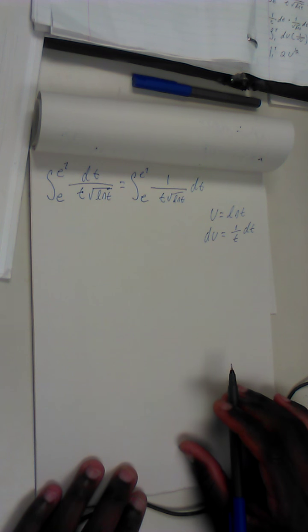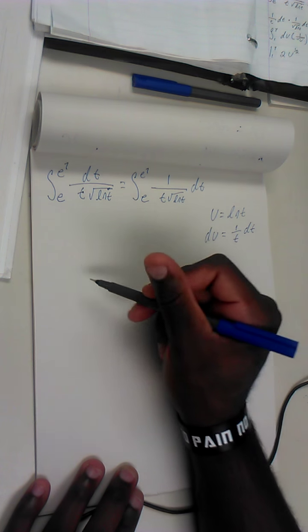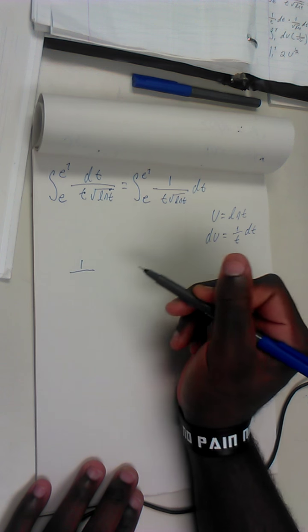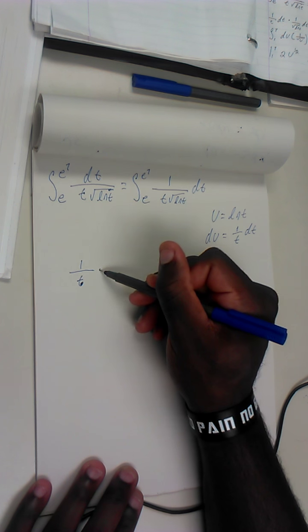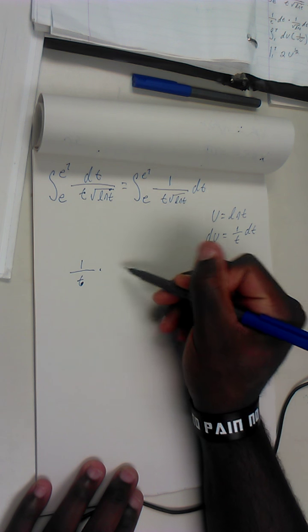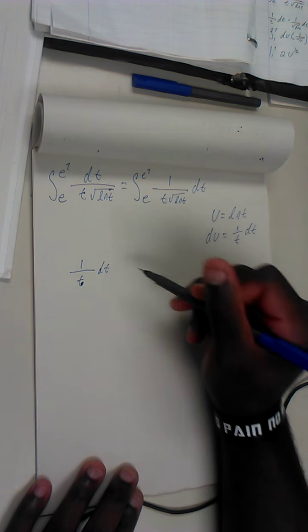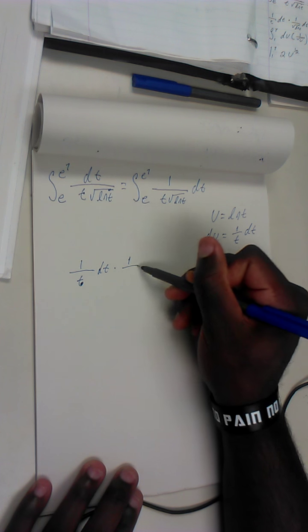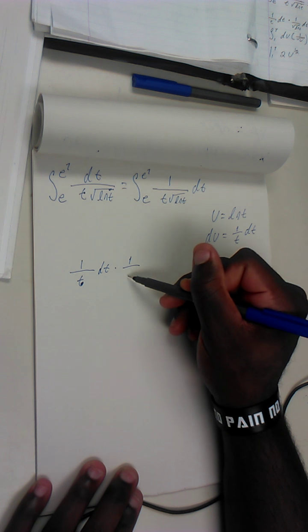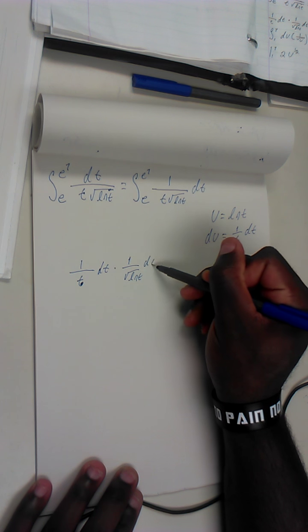So if you break this down even further, this looks like 1 over t dt times 1 over the radical ln of t dt, right?